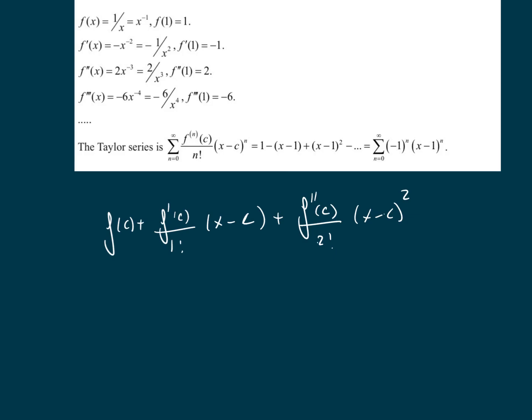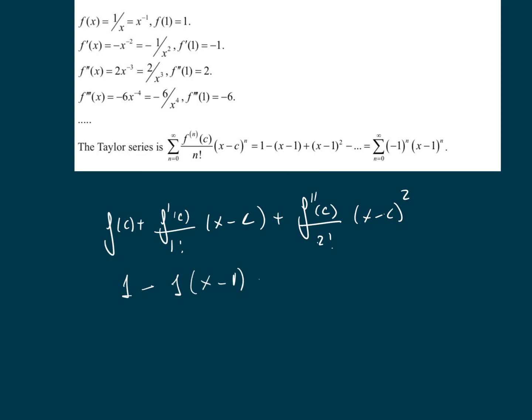What is f of 1? f of 1 is 1. Plus f prime of 1, which is minus 1, divided by 1 factorial, multiplied by x minus c. c is 1, because it says you have to find the Taylor series centered at 1.